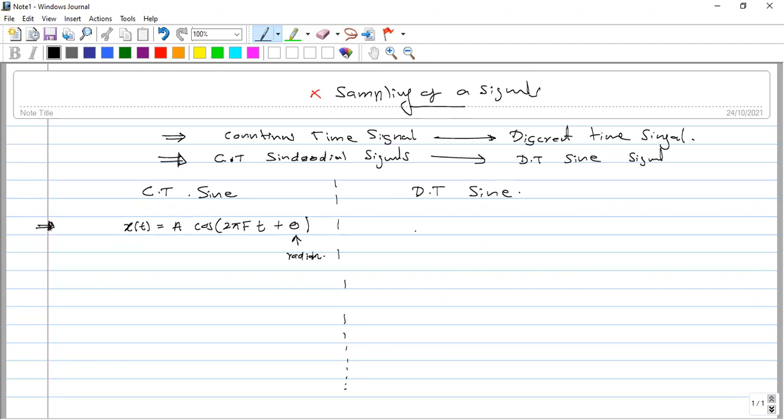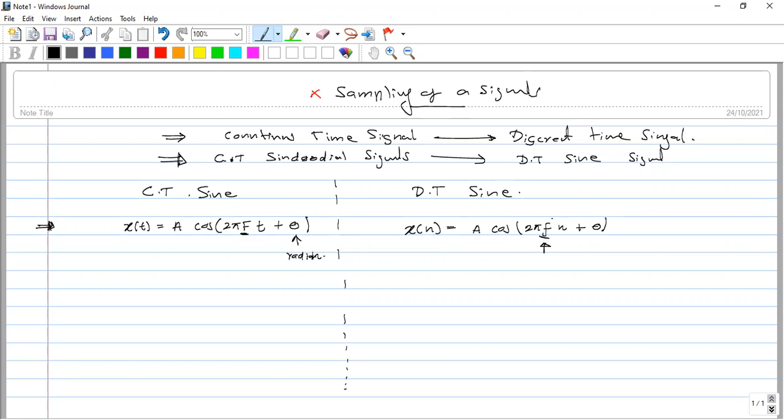And if we write the discrete version, it will look like this: x[n] = A cos(2πfn + θ). I put a simple f here because this f and that capital F are not equal.